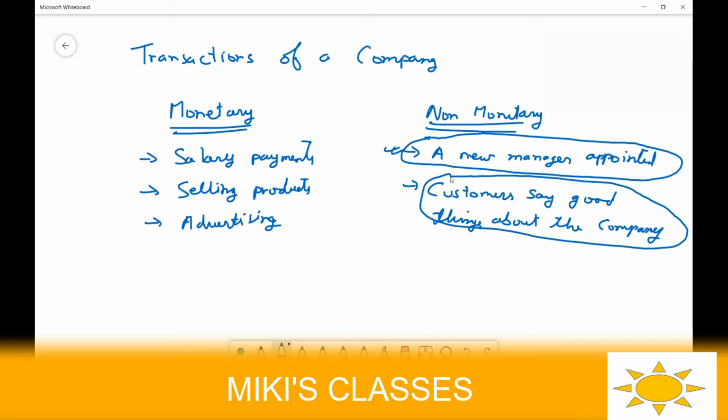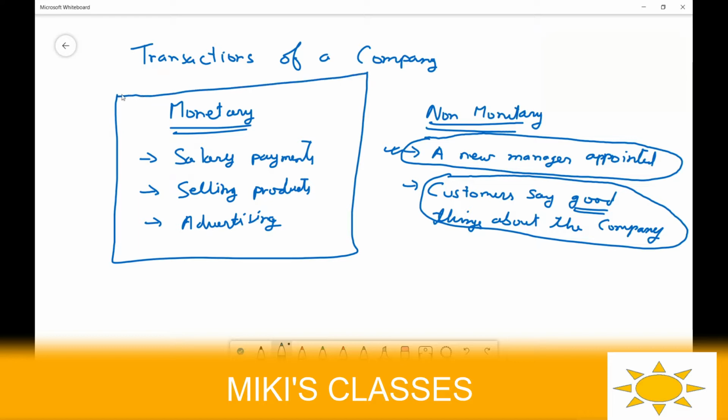Customers are saying good things about the company, but that at some later point will generate revenue for the company. Maybe if customers are happy, they'll come back, buy products and take services from the company. It might help the company in the long run. But as of now, saying a good thing is not a monetary transaction. So in accounting, we are only concerned about monetary transactions.